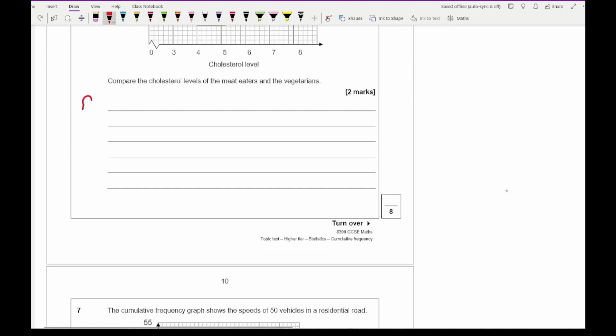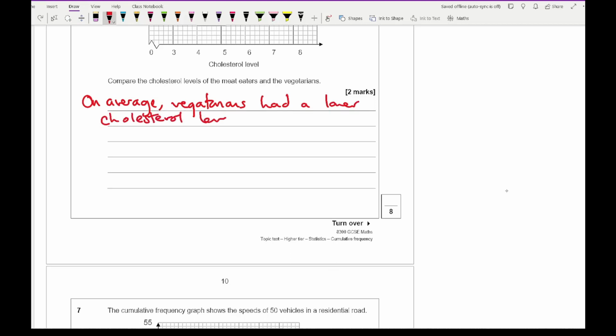So on average, you want to say something along the lines of that vegetarians had a lower cholesterol level than meat eaters. And again, you want to quote some maths, and that is because they had a lower median.